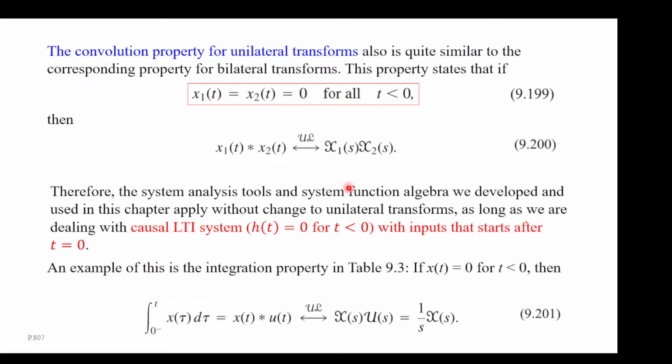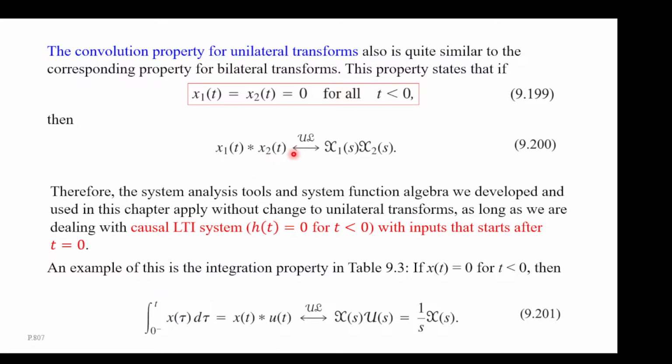Okay. If so, then we have the same thing. So we know if x1 of t and x2 of t are 0 when t is less than 0, then we can just use this equation, and the analysis will be the same as the bilateral Laplace transform one. And so what does this mean when our x1 of t is x of t and x2 of t is h of t?